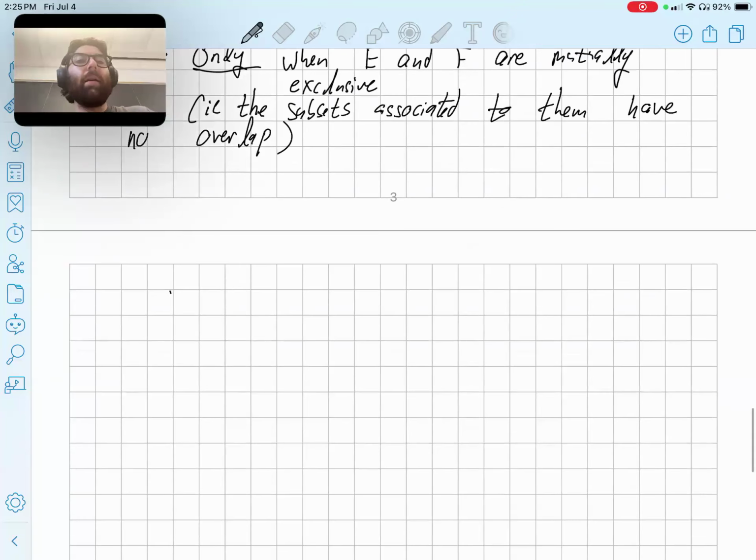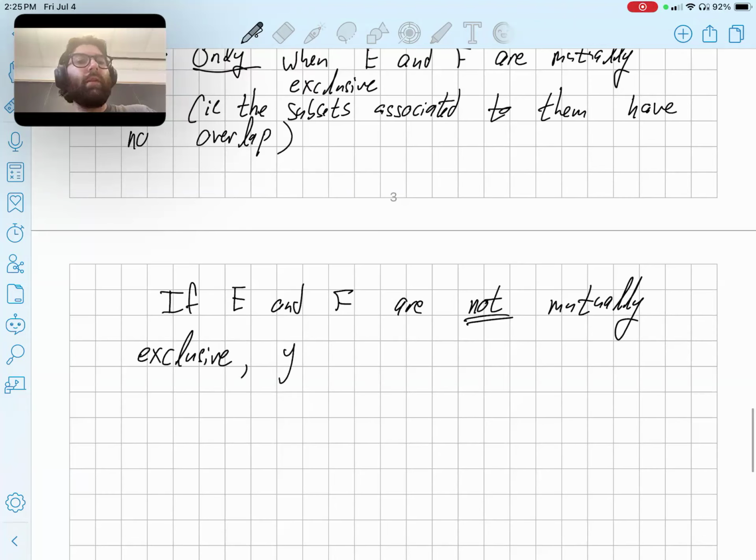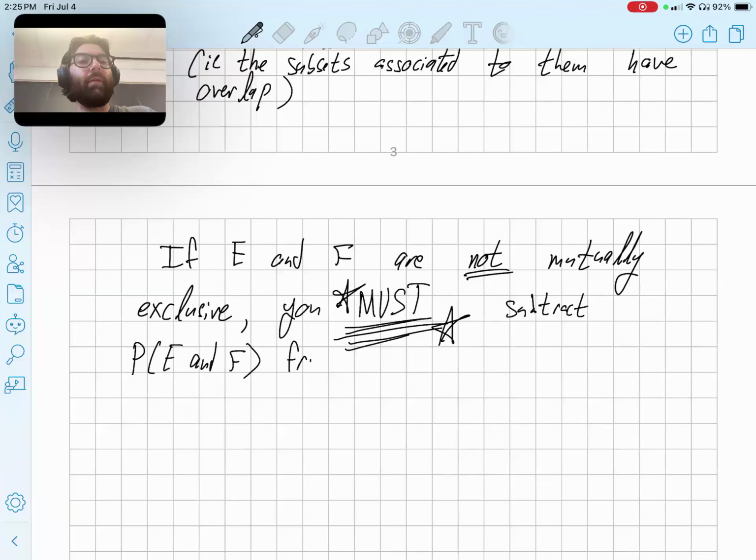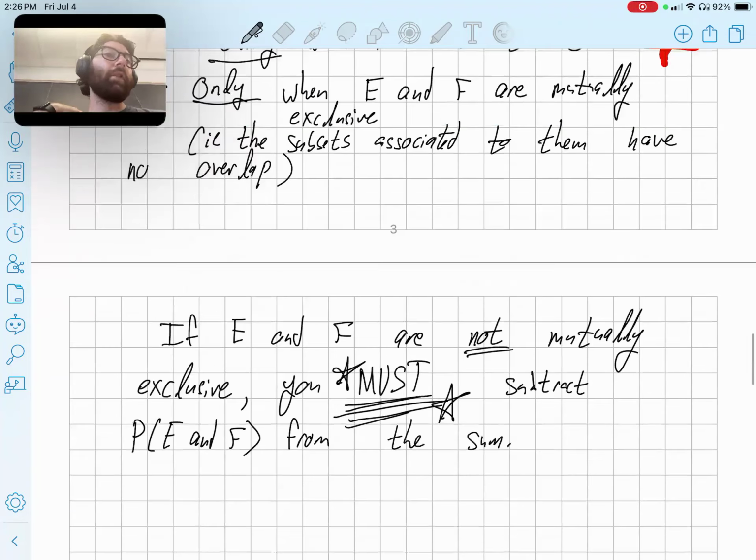But if E and F are not mutually exclusive, you must, I'm underlining it a bunch of times, and I'm putting stars around it, so please remember this. If E and F are not mutually exclusive, you must subtract P of E and F from the sum.